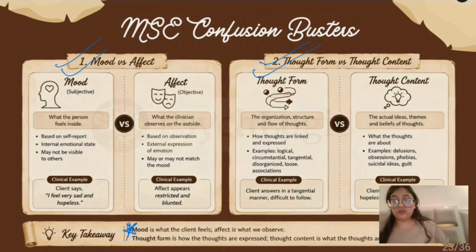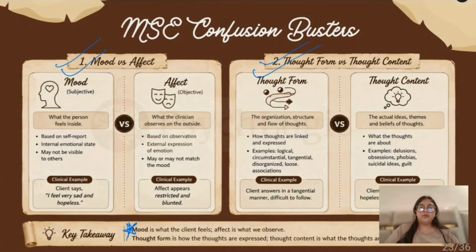Now, let's move on to thought form versus thought content. Suppose I say I'm reading a book. How the book is written, the organization of the book, the expression, that is the form, thought form. But what the story is about, that is the content.